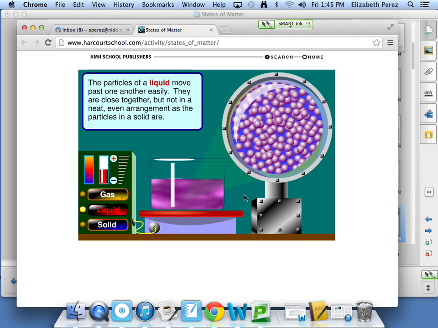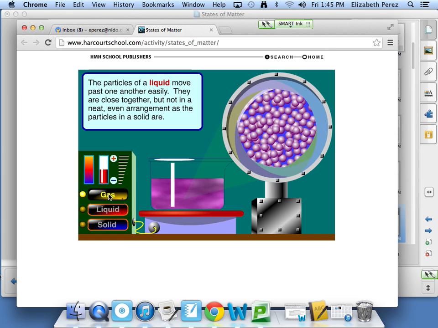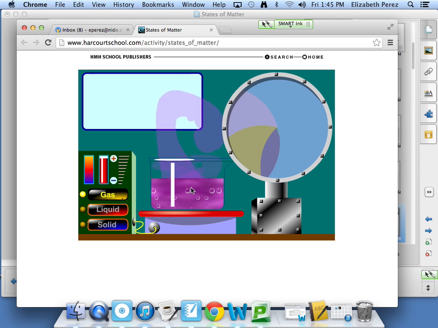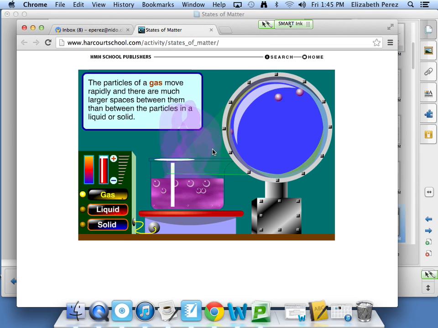And now we have liquids, and they're bumping and sliding all over the place. There is no real structure, there's no order, but it stays in the bottom of the container. If we add more heat, and now we're turning the liquid into a gas, you will notice that the particles are just flying around, and that is the gas.